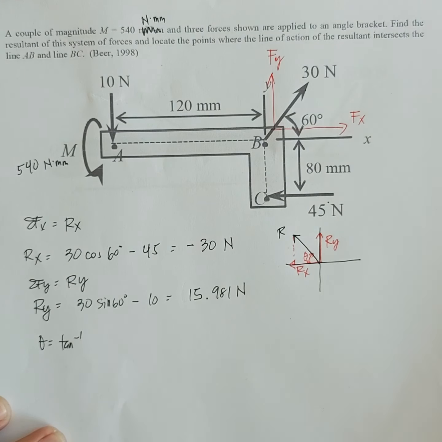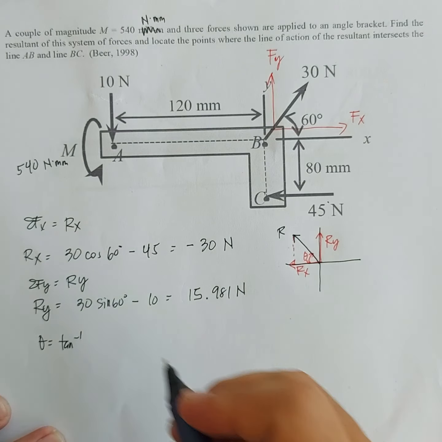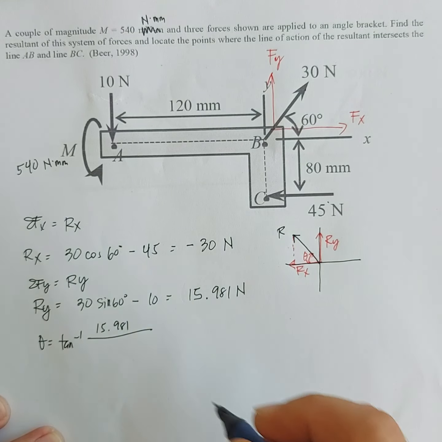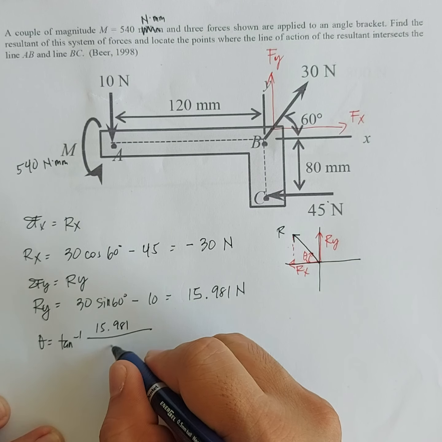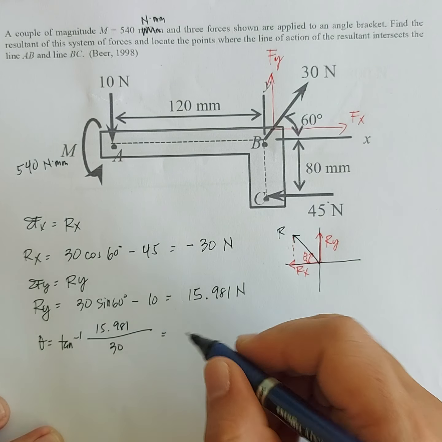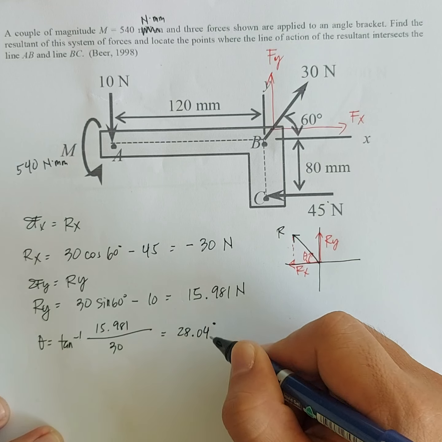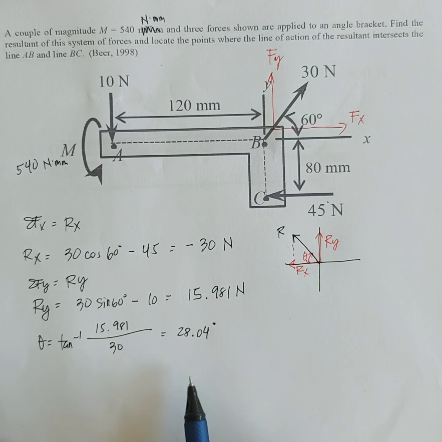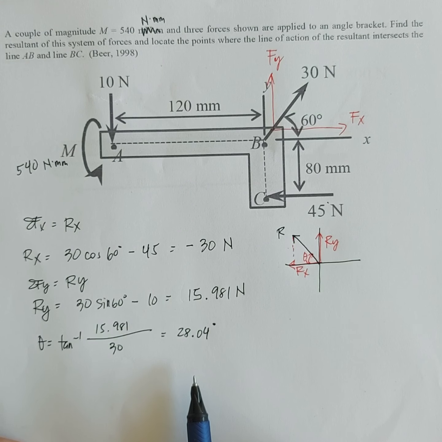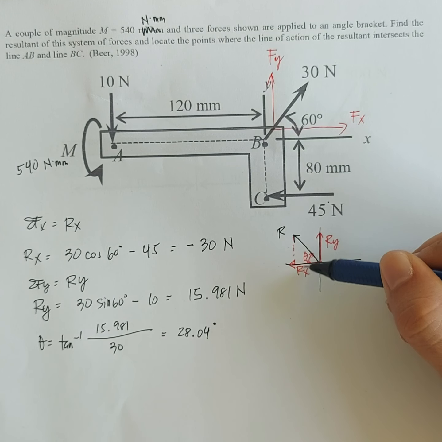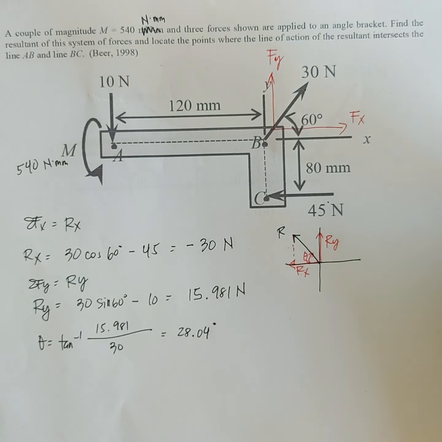Opposite side is 15.981 divided by 30, which is equivalent to 28.04 degrees. So that's the angle of inclination, or that is the direction, of the resultant force from the negative x-axis. Okay? So, we have solved the resultant.